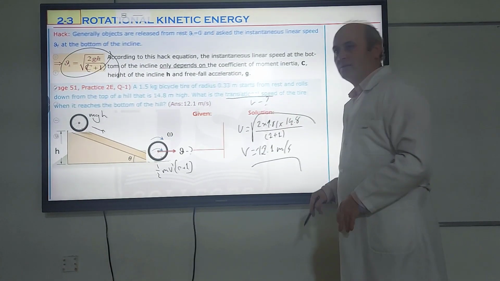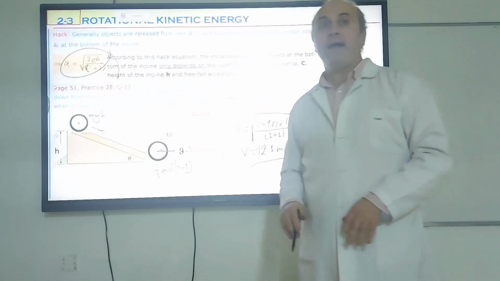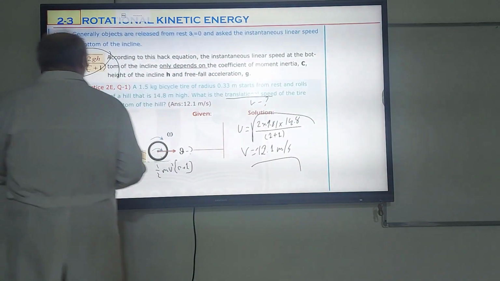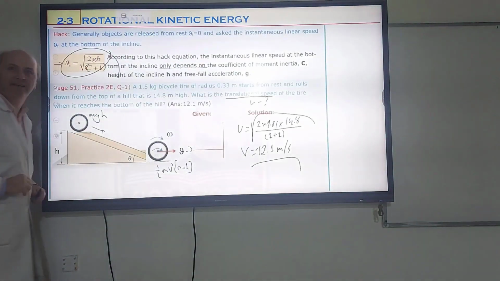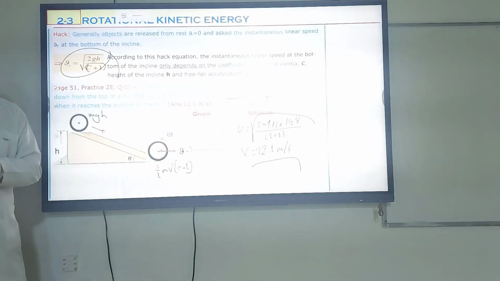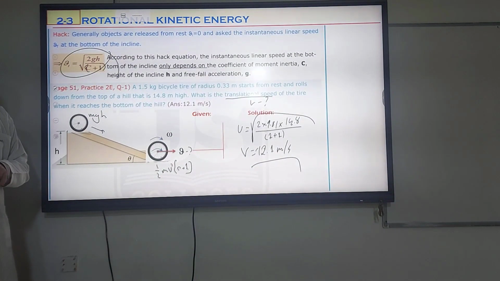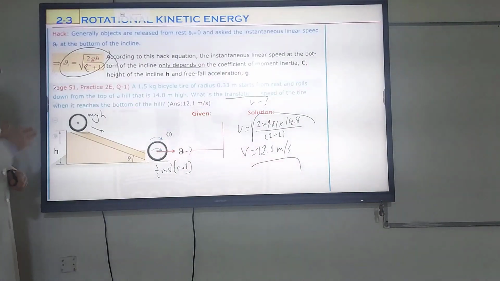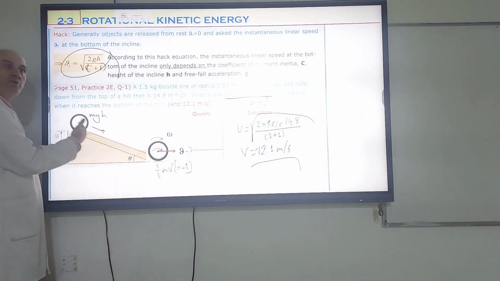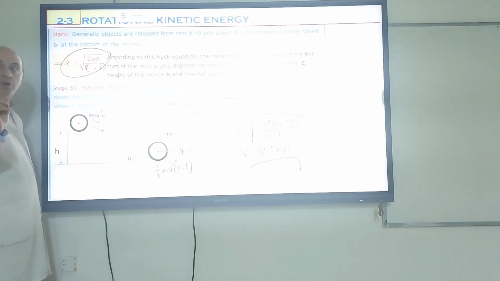And one more thing better to know: if this bicycle tire is on an icy surface, it will not roll, because on ice, objects do not roll, they slide. All potential energy will be converted to translational kinetic energy only.